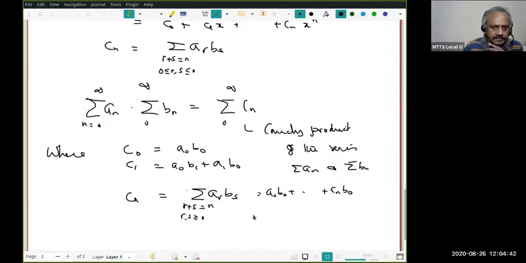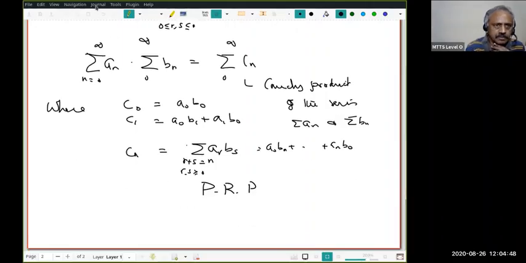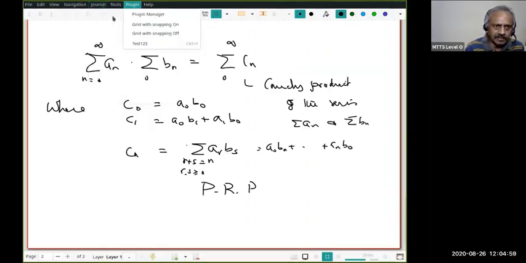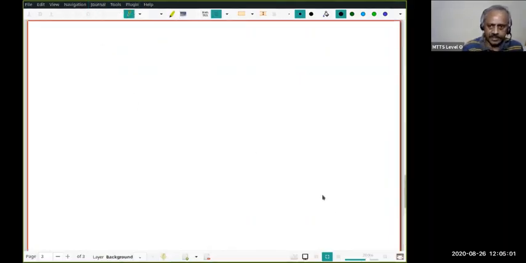Is that clear? Okay, quickly review this definition so that you are more comfortable with this. When you are in doubt, what you should do? You should look at the product of polynomials and arrive at this definition. Right? So what is the theorem I would like to prove?